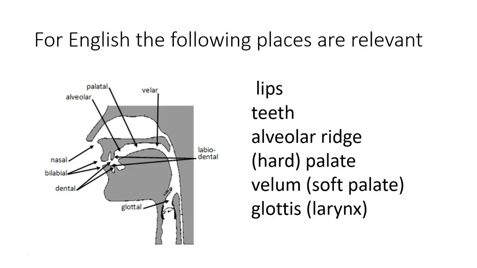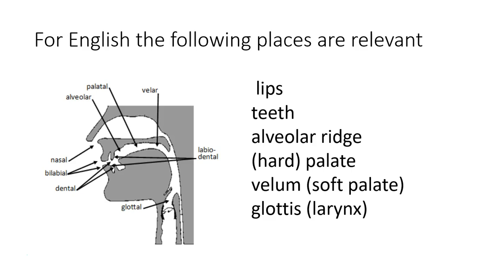Your tongue is reaching up, k, g, and hitting the soft palate. And there are no phonemes in English that involve the glottis, but if you say butter and water, you will hear that you have constricted the glottis. You have stopped the air from leaving by constricting the glottis.